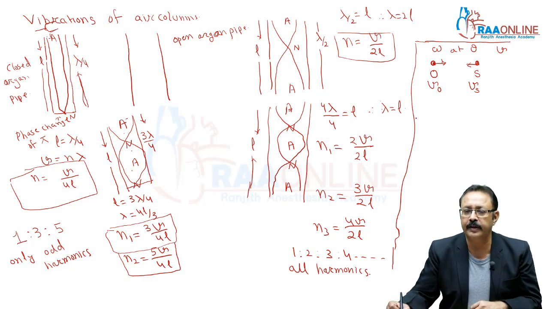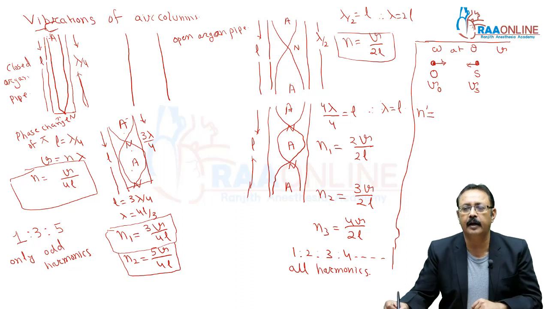So what frequency you will get? You will get a note of frequency V plus VO plus W cos theta divided by V minus Vs plus W cos theta.